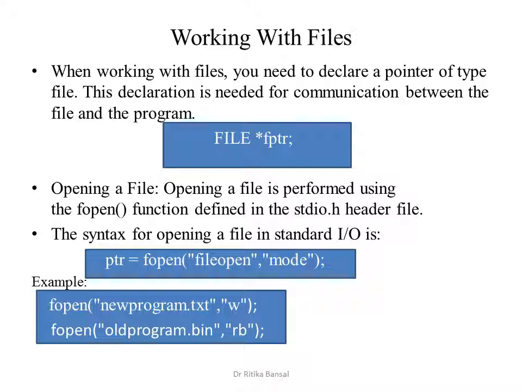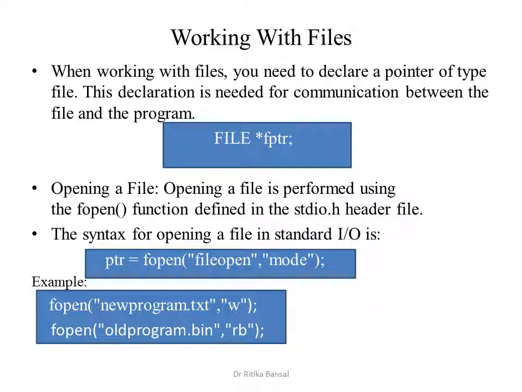FILE is also a data type of which we are declaring one pointer, fptr. fptr is the name chosen by us, and you can see f means file, ptr means pointer. In general we have taken fptr, something related to file pointers, but it is not compulsory to take fptr. You can take only ptr, you can take fp, all depends on your choice.